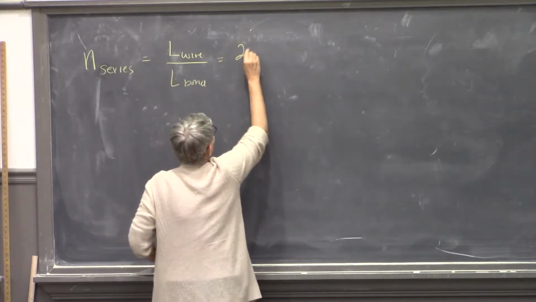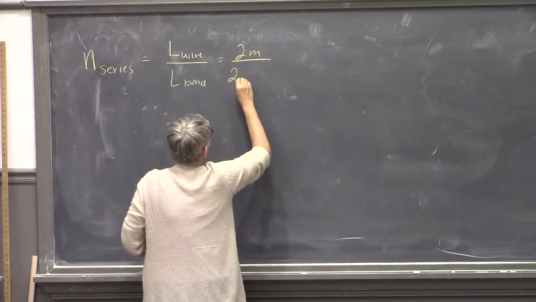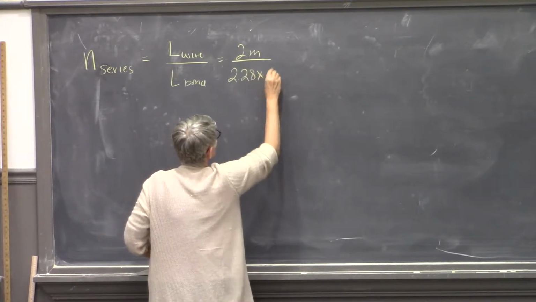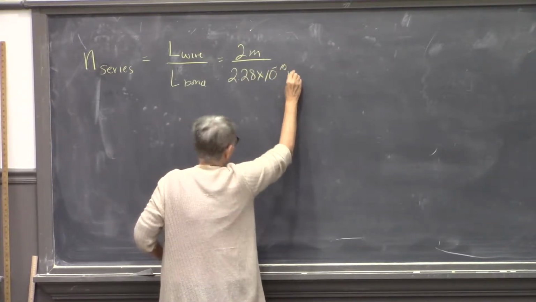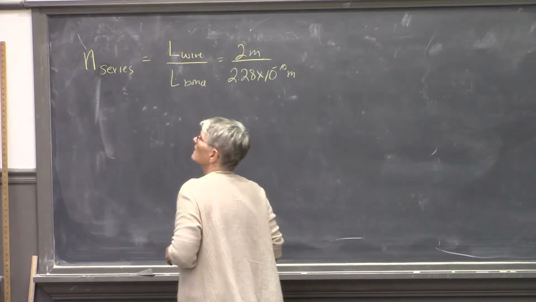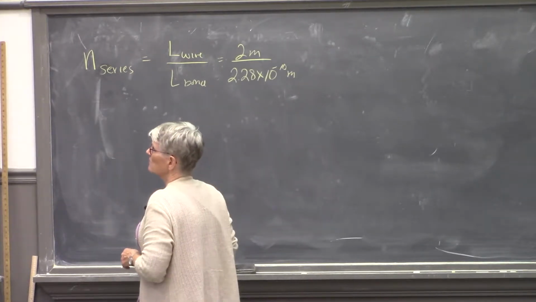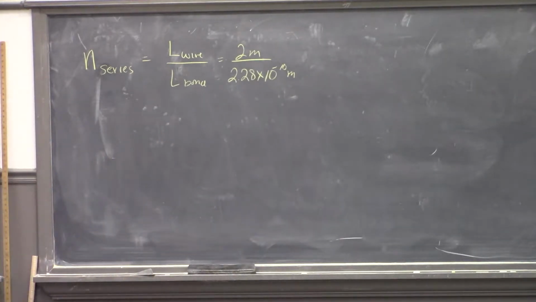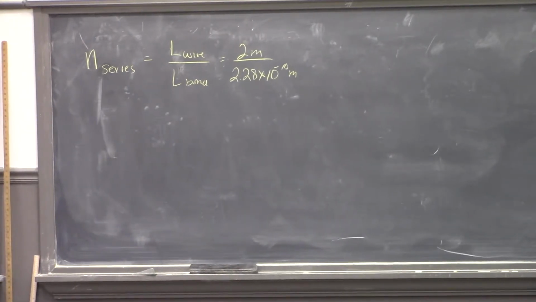So that's 2 meters divided by 2.28 times 10 to the minus 10 meters, which is what we got for the length of one bond, which I just erased, I think, right? That was right, wasn't it? Yeah, it's on the board. Okay.